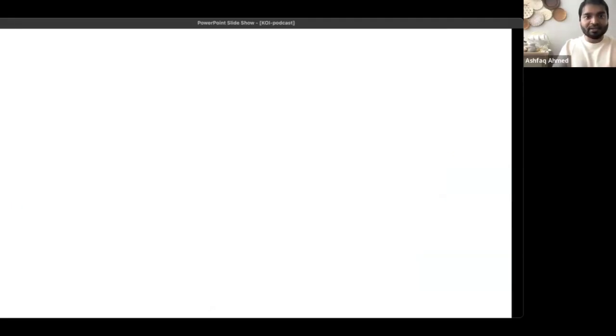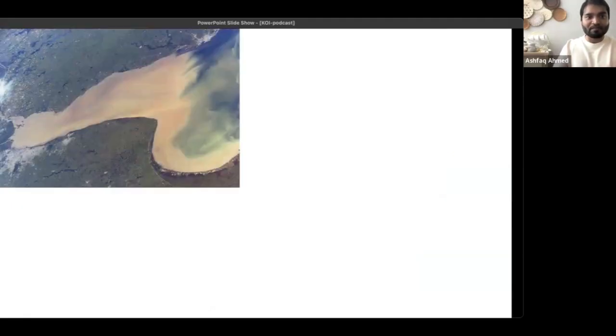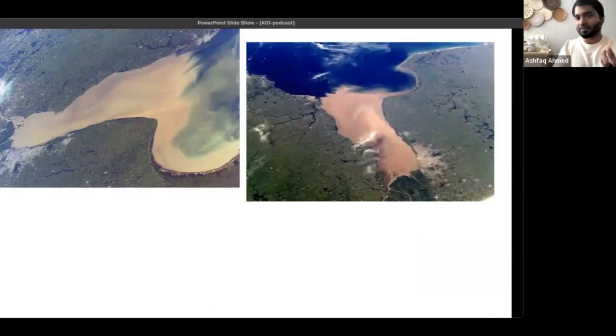And not just that, another thing from a scientific perspective is, as I told you, that in an estuary, the river meets the ocean. Now, the river has what? Fresh water, sweet water. The ocean, on the other hand, has salty water.